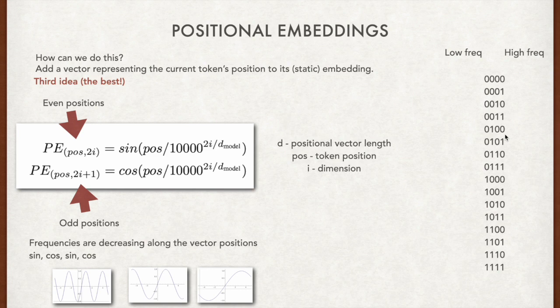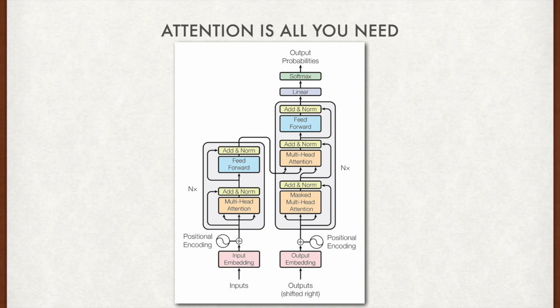Let's move on. There are some more intellectual adventures on our way to understand transformer. The positional embedding is calculated for each token separately, but can be calculated in parallel, and is summed with a static word embedding of a given token, generating a representation that is now position aware. You might wonder why we sum those vectors instead of using concatenation.